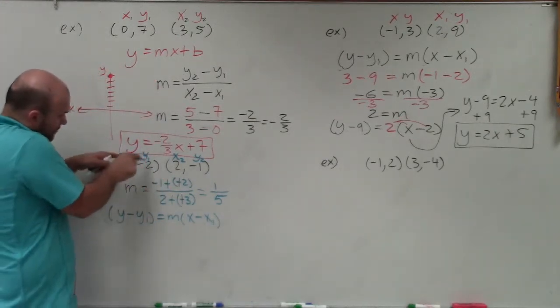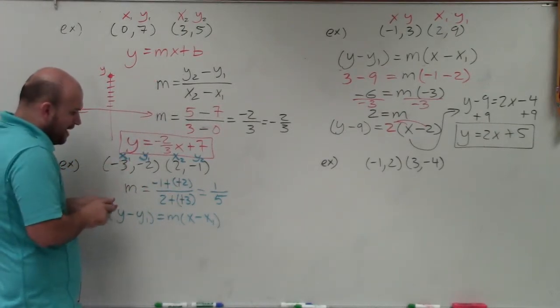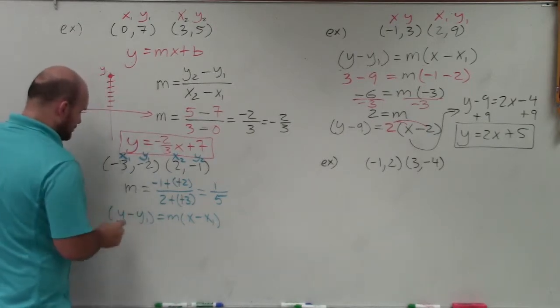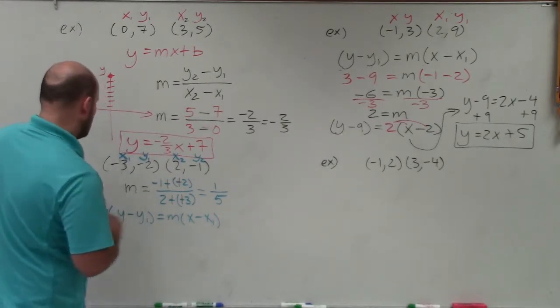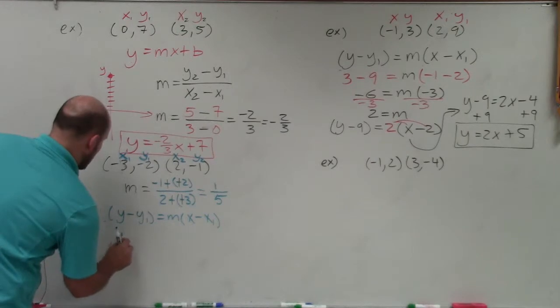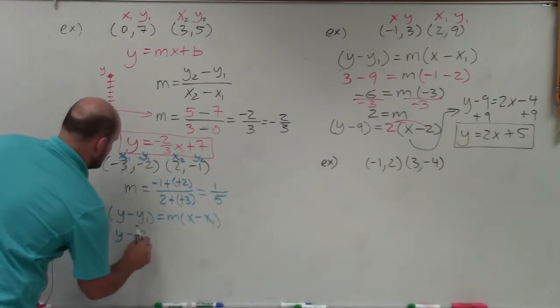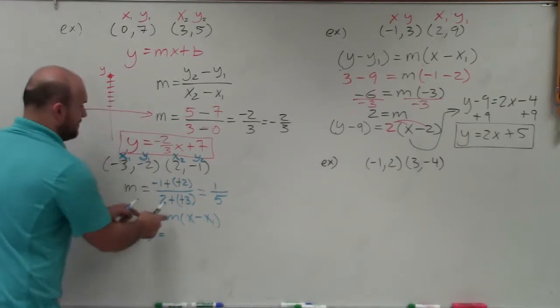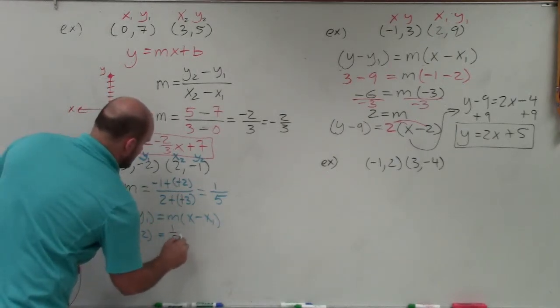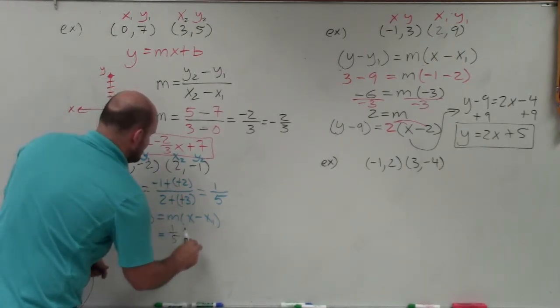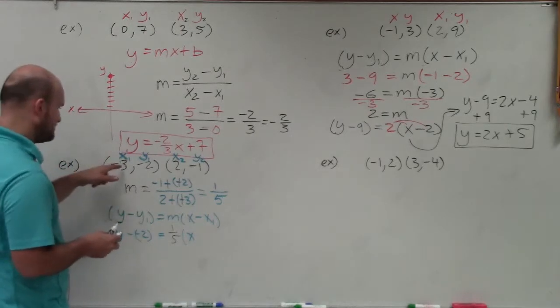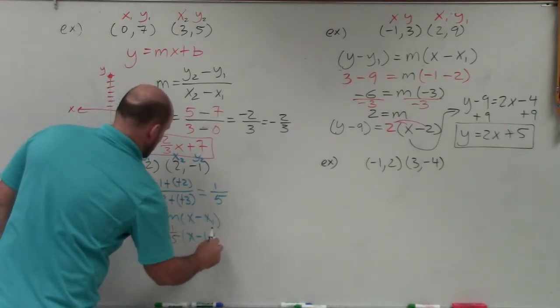I'm going to replace my y1 with negative 2, so it'd be y minus a negative 2 is equal to m. I know now m is 1/5, and that's going to be times x minus x1, which is negative 3.